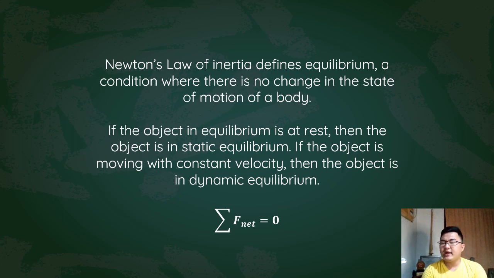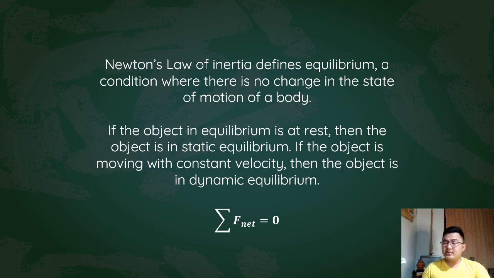If objects are in equilibrium, then acceleration is also 0 because your net force is equal to 0. So again, in equilibrium, all of the components of the forces must be equal to 0, or they must result to 0. That's both for static and dynamic equilibrium.